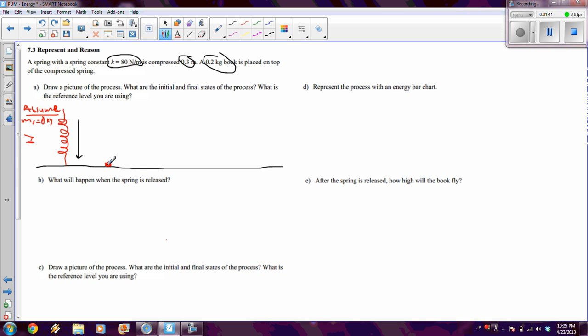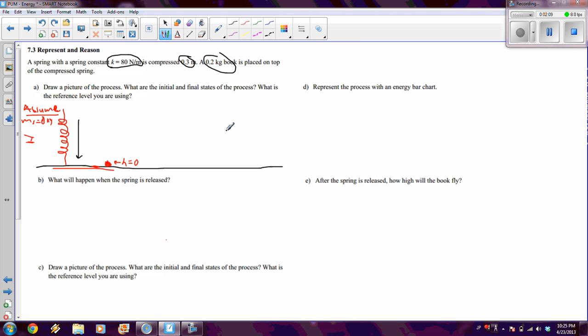I'm also going to make another assumption here that when the spring is compressed all the way down, it will be compressed to the ground level. That'll help us out quite a bit as well. So I'll just have this drawing here. This is the actual spring, but our height here, h, is going to be 0 because it's compressed all the way to the ground level, because we wanted to make the ground level our reference.